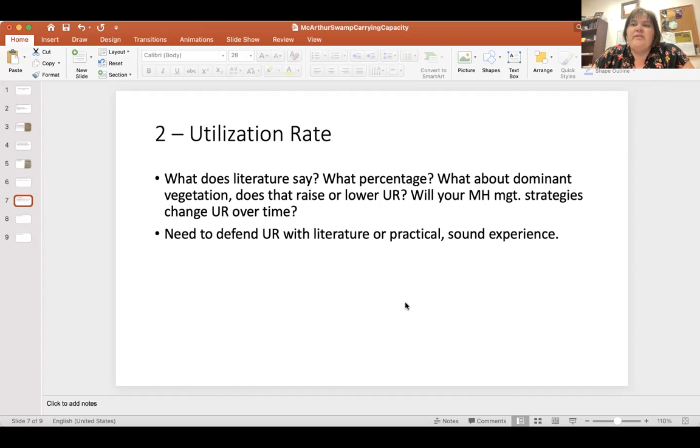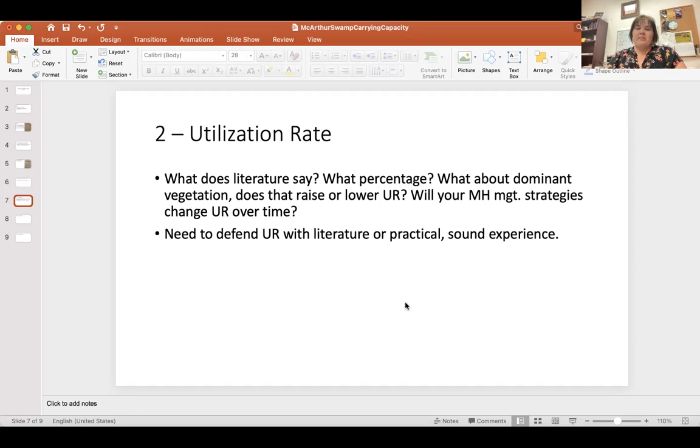Okay, so some things that you can think about and you can write up and you can investigate as part of your grazing management plan to give Julie some more background is, what does the literature say about utilization rate in this area? What are the percentages that you would recommend? And they don't have to be hard and fast percentages. They can be something to the effect of like, in a normal precipitation year, utilization rate should be this.